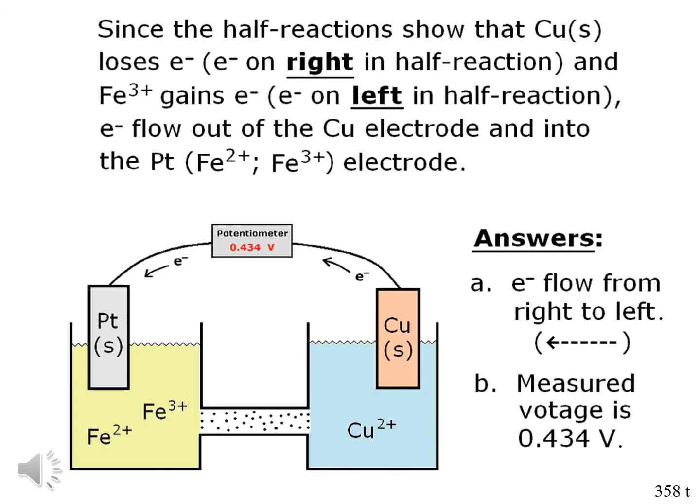So the electrons are actually going from right to left. And if you put a potentiometer in the circuit, it doesn't change the direction. All it does is measure it. And so you're going to get a 0.434 voltage, and you're going to get the electrons moving from right to left.